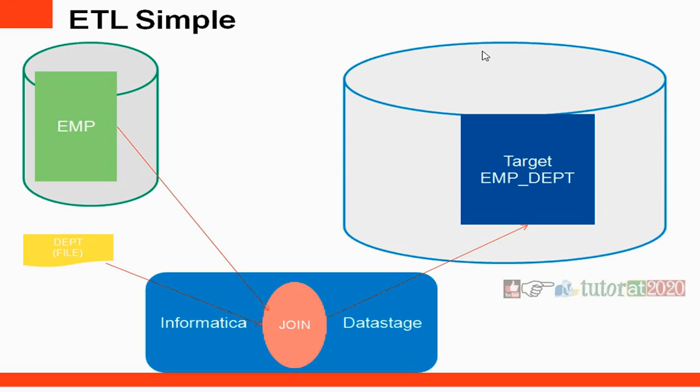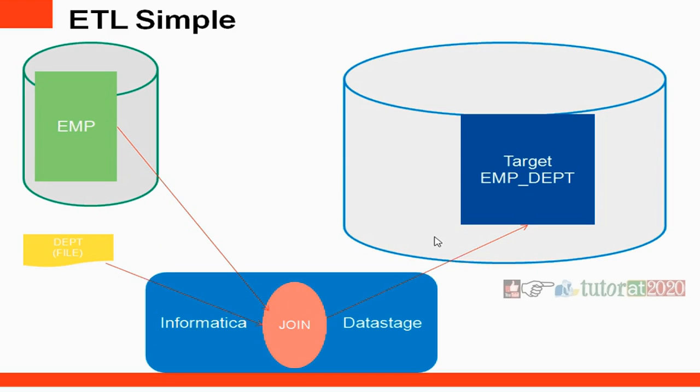If you are using ETL-style software, Informatica, DataStage or anything, you will develop a program here. When you develop a program, what is going to happen? I cannot directly join EMP and DEPT because they are different: one is a file and one is a table.